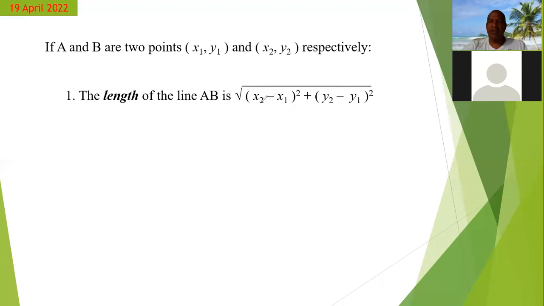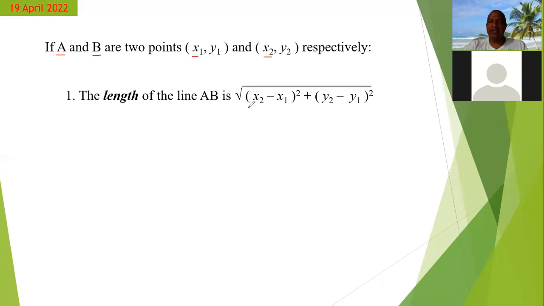But look at how the coordinates are arranged in the formula. Remember now, the point B has x coordinate x2. The point A has x coordinate x1. But in the formula, what we did was to subtract the x1 coordinate from the x2.